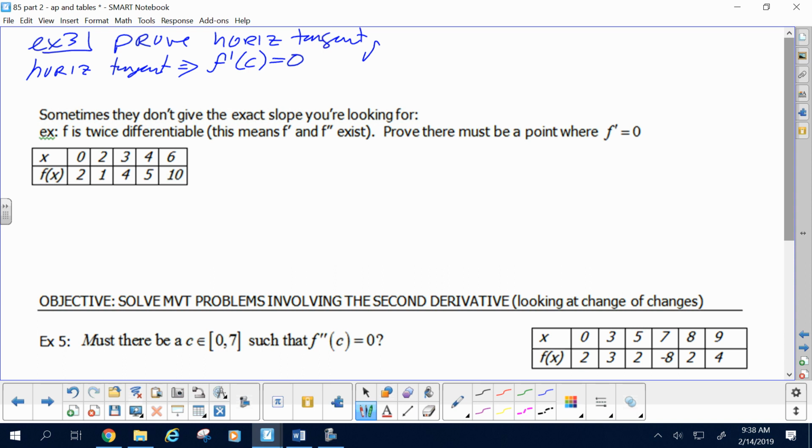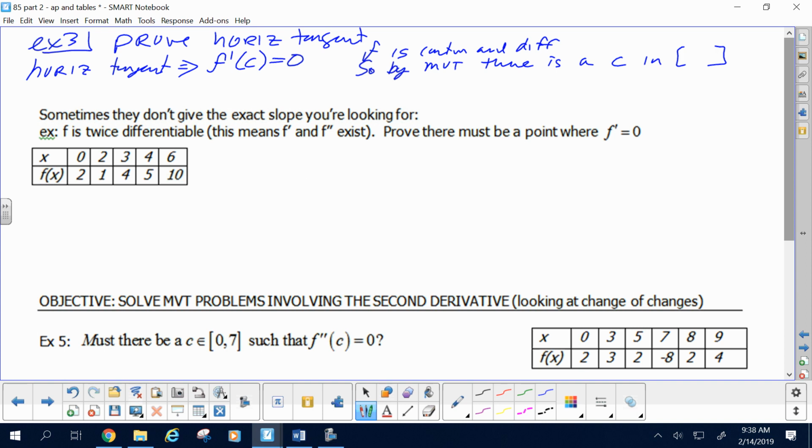We say f is continuous and differentiable. So by, talk to me, somebody yell it out. So by MVT, there is a C and, give me an interval possible.